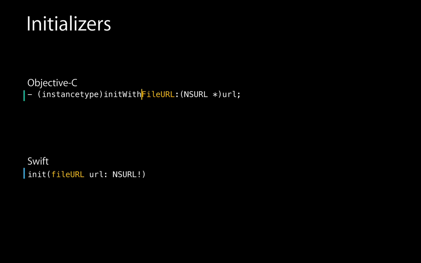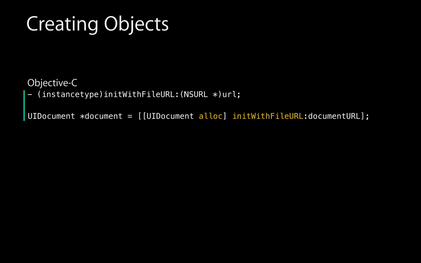And then we take the rest of that selector, lowercase the first character in it, and turn that into an argument label for the Swift initializer. Now, why do we do this? Well, let's look at how we build objects in Objective-C versus in Swift. So in Objective-C, you do an alloc on your class, and then you immediately send it an init message to initialize the object. These two steps are almost never separated.